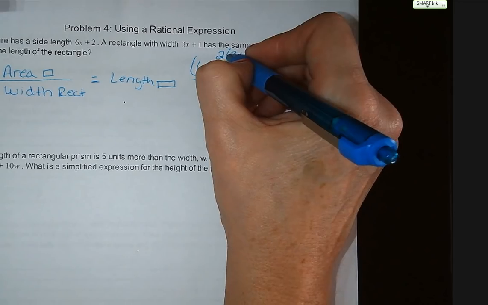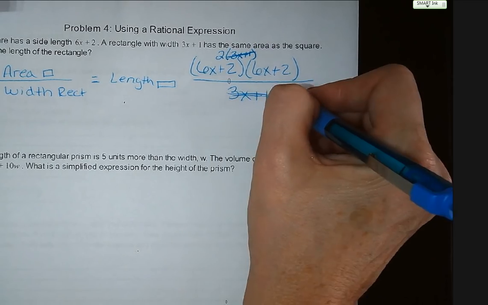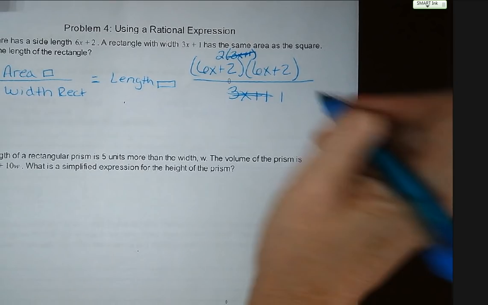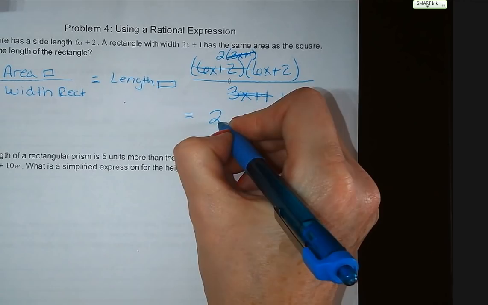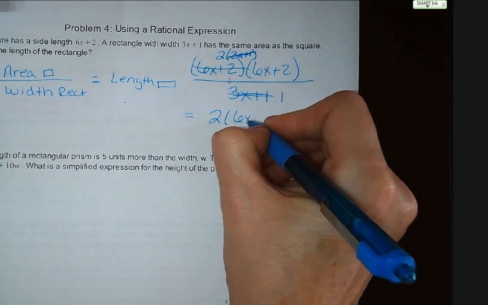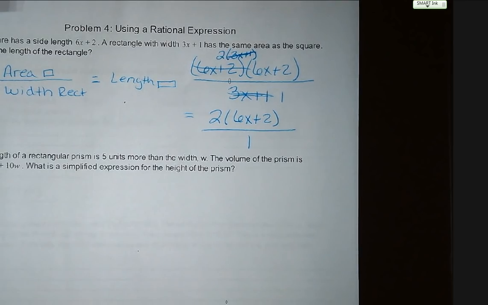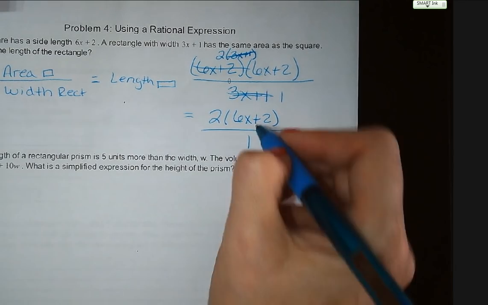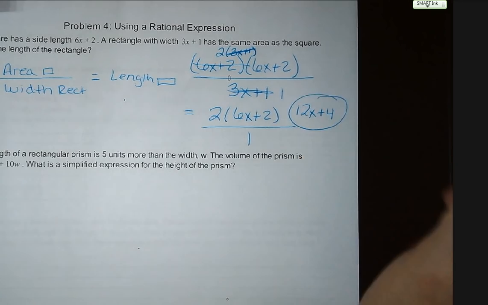So we can cancel out one thing. So we're left with 2 times the quantity 6x plus 2 over 1. And we can just redistribute that, and it'll be 12x plus 4.